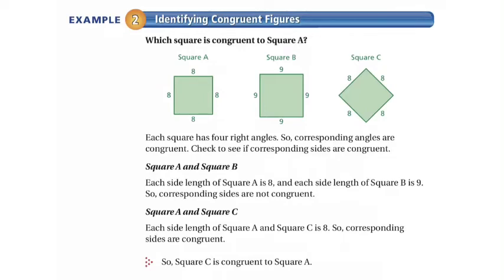And square C, each of its sides equals 8. Square B, its sides are equal to 9. It's not congruent to either of the other squares. So square A and C have all of their corresponding sides congruent. Therefore, square C is congruent to square A.